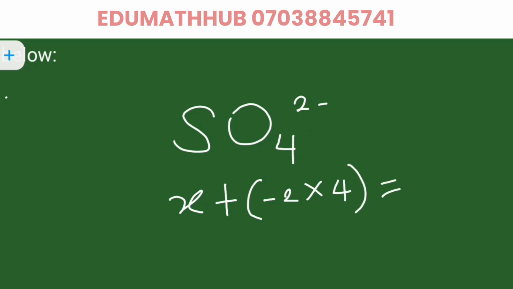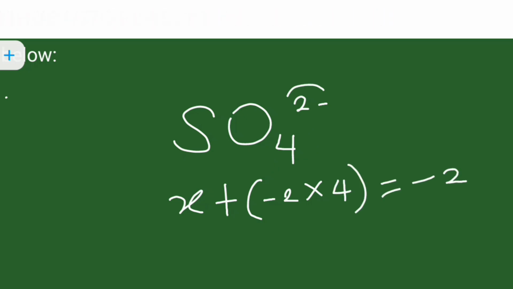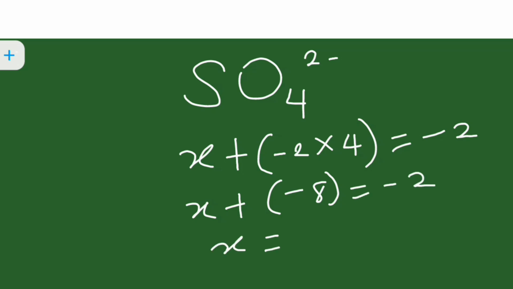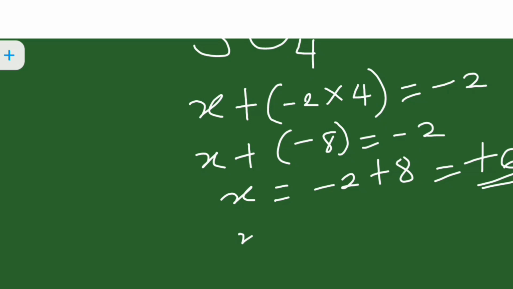Everything must give me -2. It must be equal to the charge. If you simplify this, you have X plus -8. Collect the like terms. So this will give you +6. So the oxidation state of sulfur is +6.